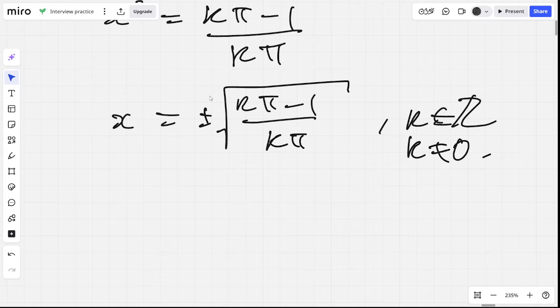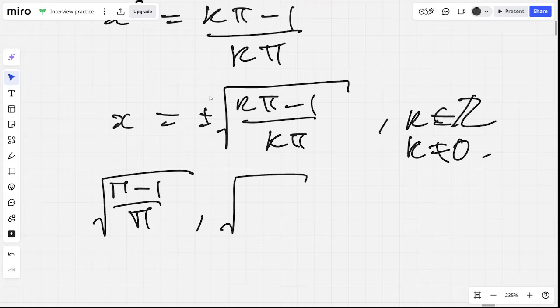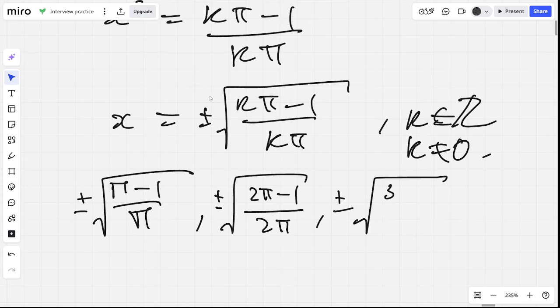So when k is 1, we've already looked at pi minus 1 over pi, but also we have plus minus 2 pi minus 1 over 2 pi. Then you also have plus minus 3 pi minus 1 over 3 pi.